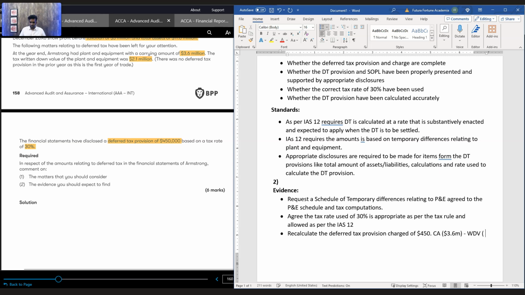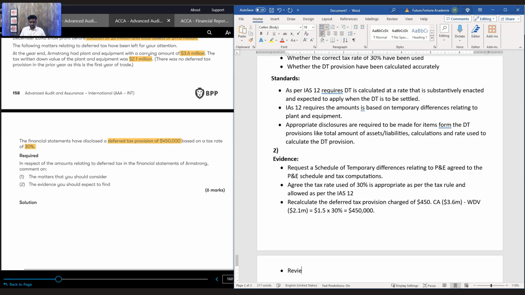What is your written down value? $2.1 million, which is equal to $1.5 million multiplied by 30%, should be equal to $450,000. When you recalculate, is this the same thing that you're getting?